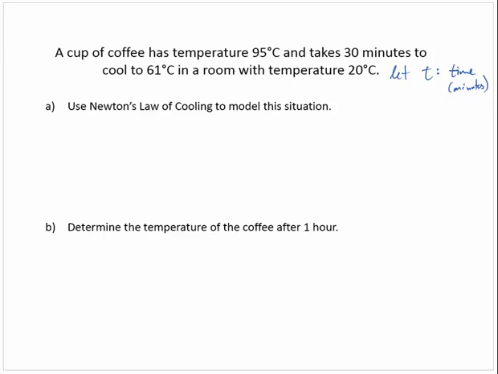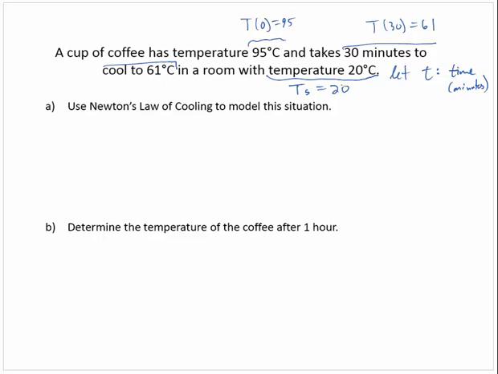Well, I know the cup of coffee is temperature 95 degrees Celsius, so that means that T of 0 is 95. And it takes 30 minutes to cool to 61 degrees Celsius, so that means that T of 30 is 61, in a room with temperature 20 degrees Celsius. So that means that the surrounding temperature, T sub S, is equal to 20.